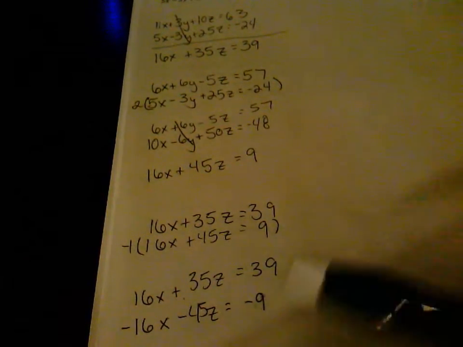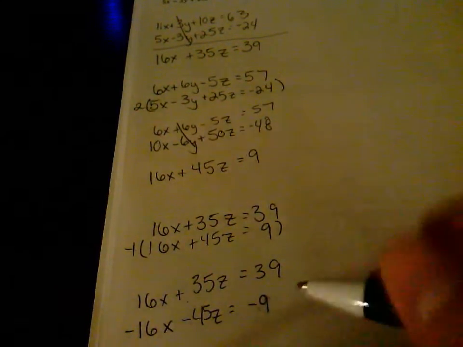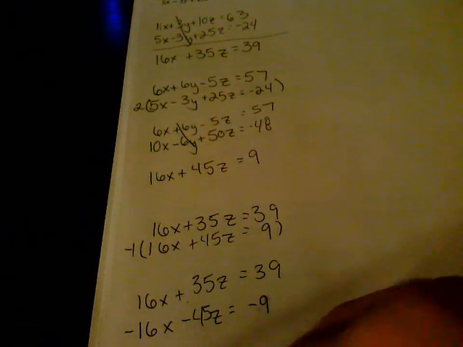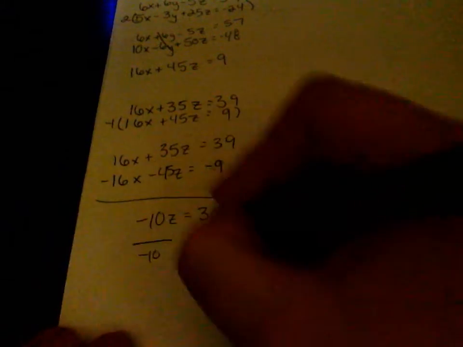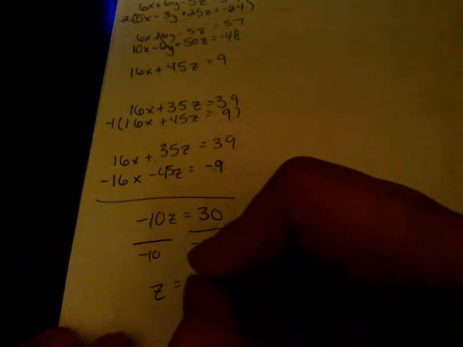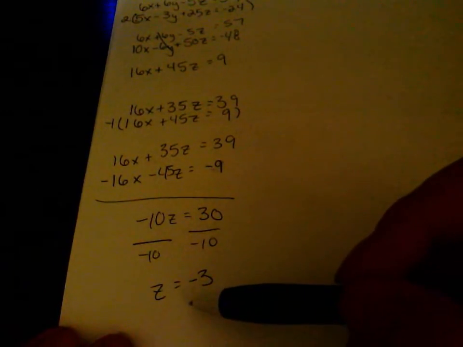When you add these downwards, this gives you negative 10z equals 30. Then you divide by negative 10, divide by negative 10, and z gives you negative 3. So I have my z.